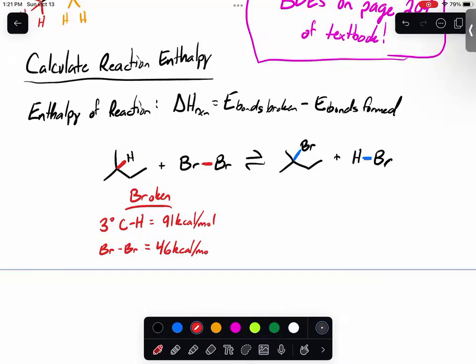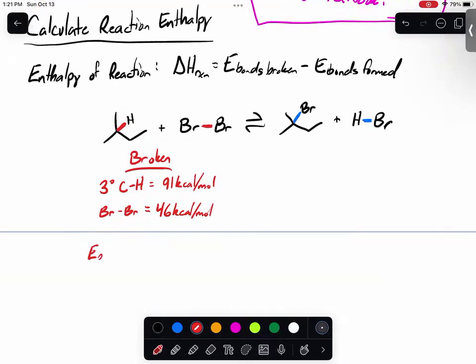That means our total energy of bonds broken is going to be 137 kilocalories per mole. On the other hand, for our bonds formed, we're looking at a tertiary carbon-bromine bond.